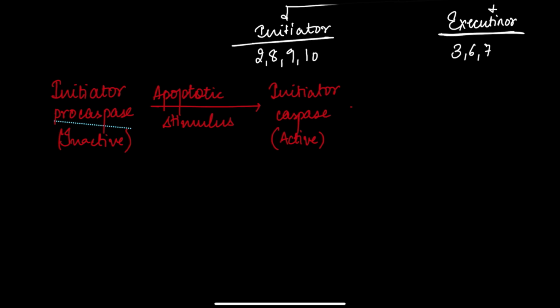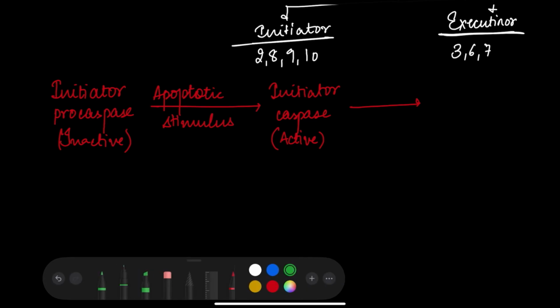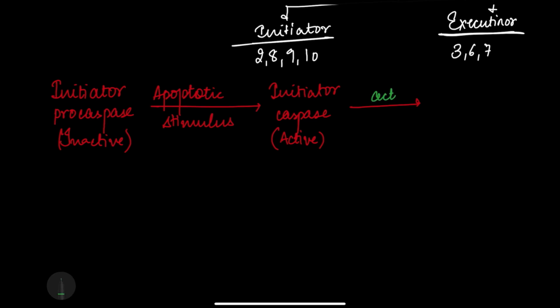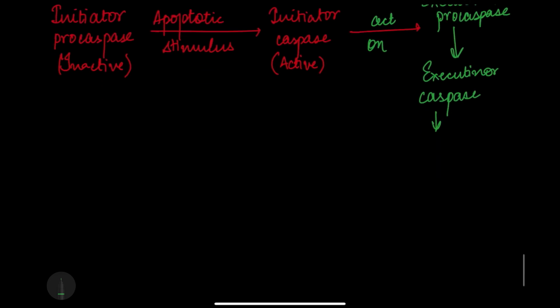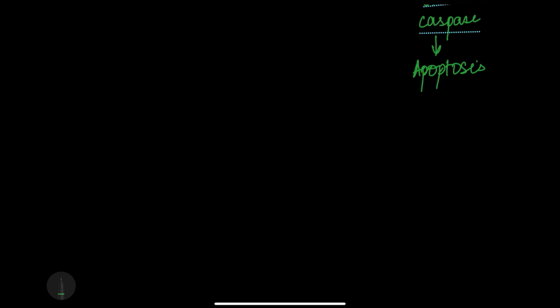This acts on the executioner procaspase and converts it into executioner caspase. And this executioner caspase then shows apoptosis, right? This is the brief. Now let's get into detail.